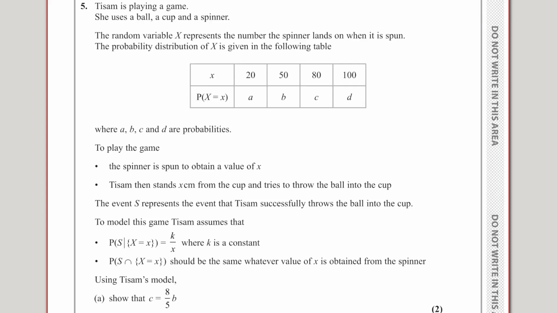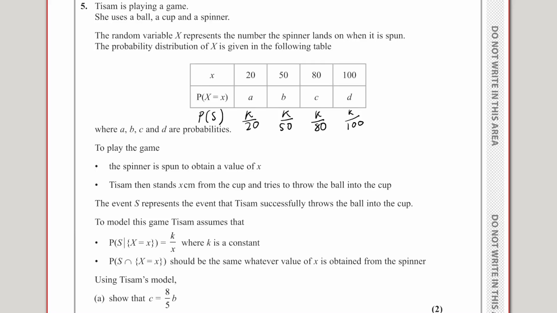So the probability of S is going to be K over 20, K over 50, K over 80, and K over 100. That's the probability of getting S every time.